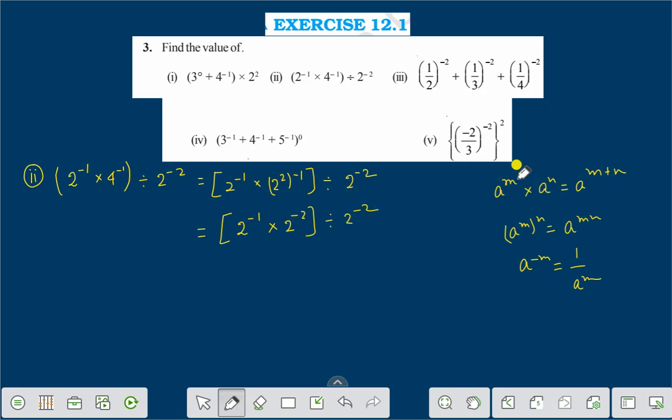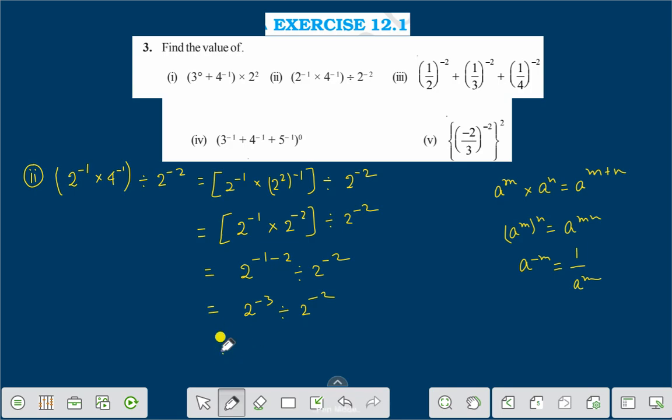Now you apply this formula, that is a to the power m into a to the power n is equal to a to the power m plus n. So we will apply this formula: 2 to the power minus 1 minus 2, divided by 2 to the power minus 2, or we are getting 2 to the power minus 3 divided by 2 to the power minus 2.